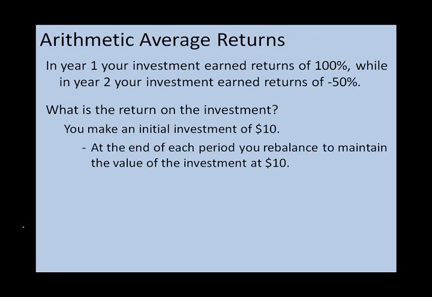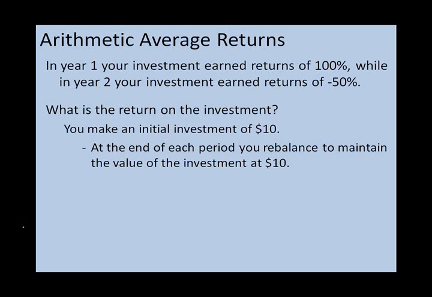We also need to think about how we calculate average returns. You may think this is trivial. Well, let's see. Suppose your investment in year 1 earns returns of 100%, but in year 2 your investment earned returns of minus 50%. The question is, what's your return on the investment?